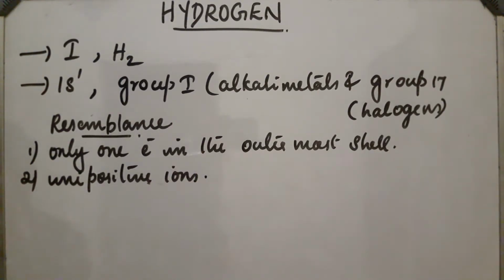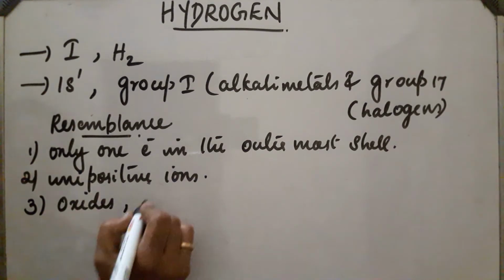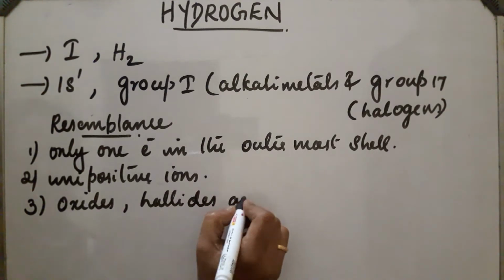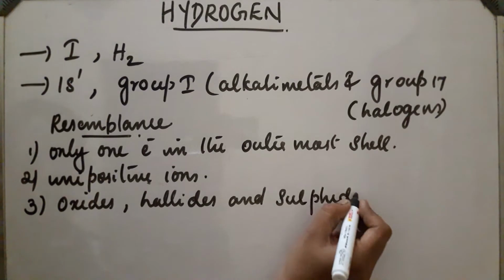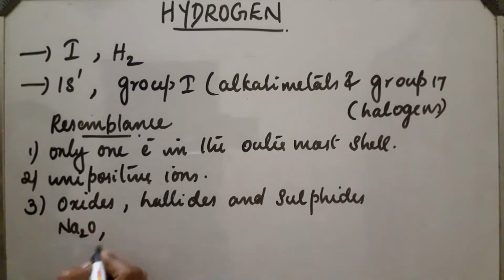Next, both hydrogen and group 1 have the tendency to form oxides, halides and sulfides. Example, oxides: sodium forms Na2O, similarly hydrogen forms H2O.